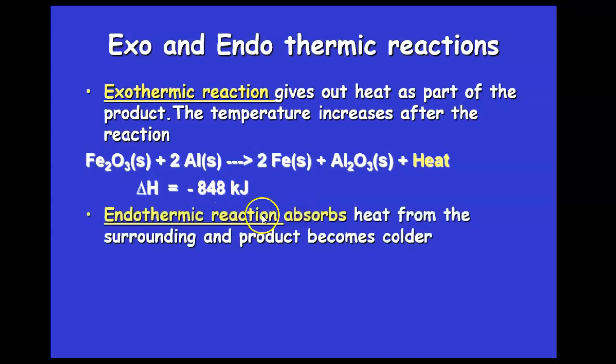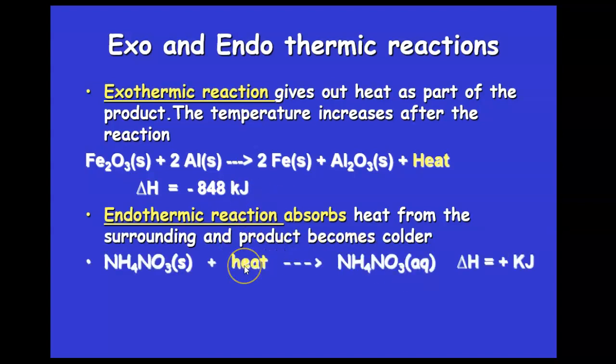On the other hand, the endothermic reaction absorbs heat from the surroundings. So the container becomes colder than how it started. In this case, the heat is on the reactant side, unlike the exothermic reaction where the heat is on the product side.